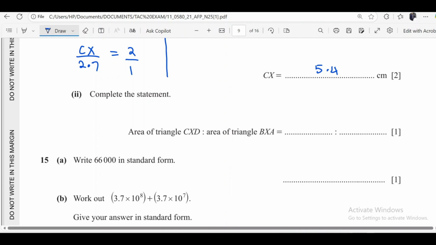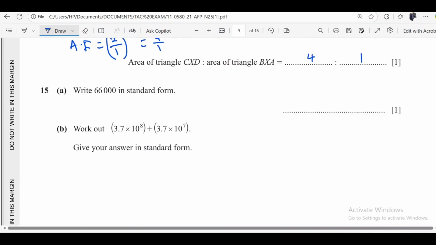Now area factor here means that we are going to raise the scale factor to power 2. That gives us 4 over 1, which is the same as 4 ratio 1. So we are done with question number 14.